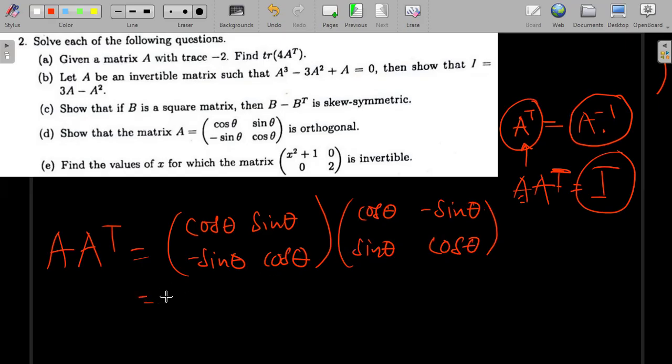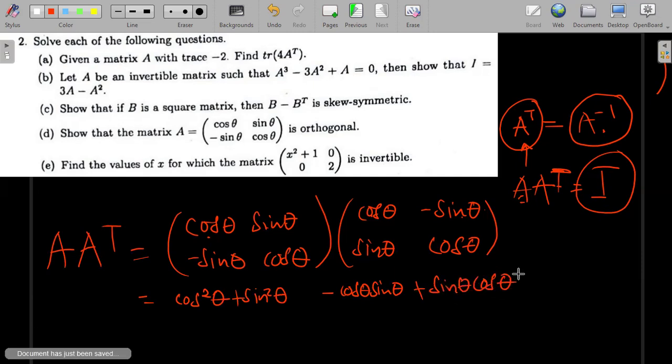And then let's try to multiply this. So this multiplied by this is going to give me cos squared theta. This multiplied by this will be plus sine squared theta. This multiplied by that will be minus cos theta sine theta, and then this multiplied by that will be plus sine theta cos theta.